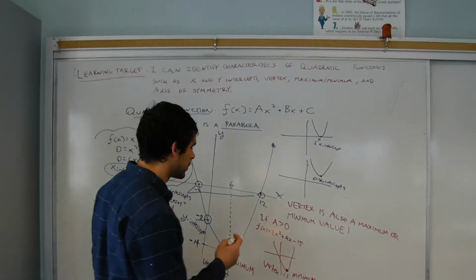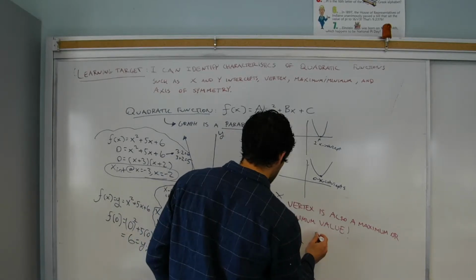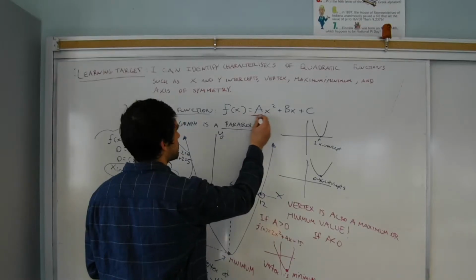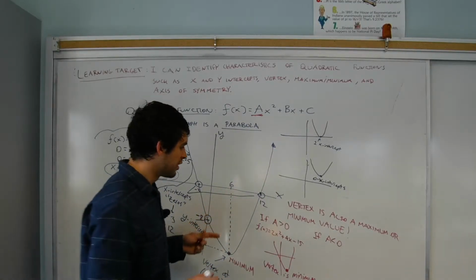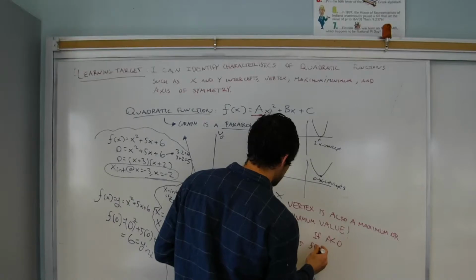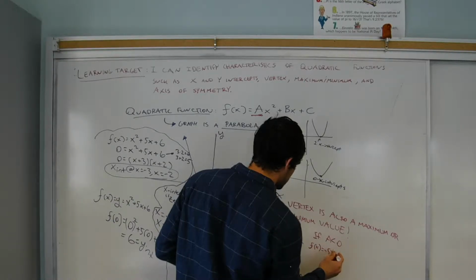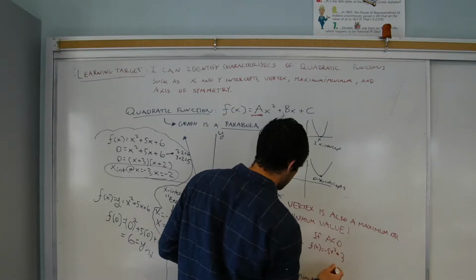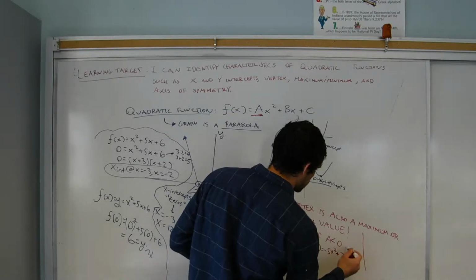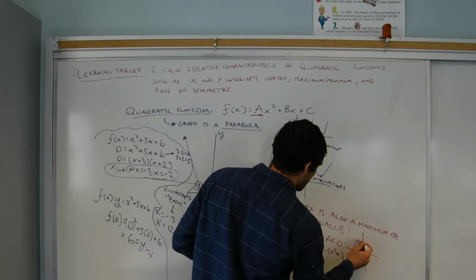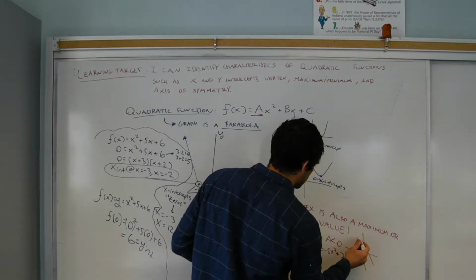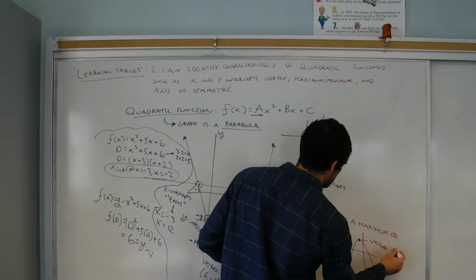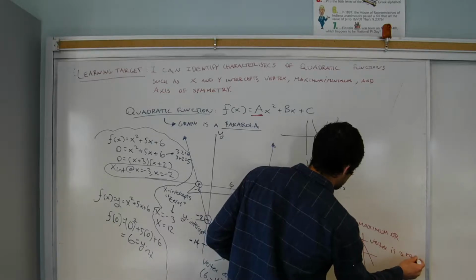However, if a is less than 0, so if this coefficient is negative, so for example, -5x squared plus 3, then we're going to get the upside down U shape, and our vertex is a maximum.